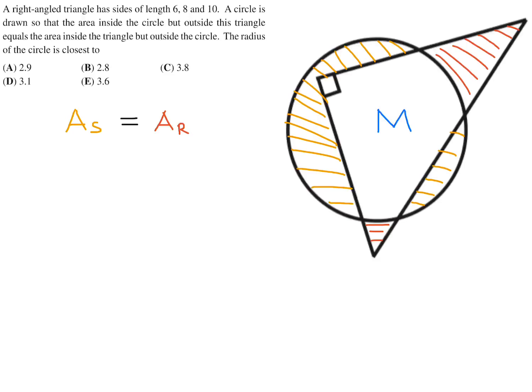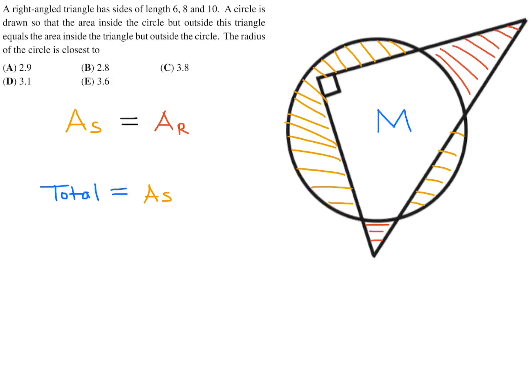All right? And let's work with this now. So first and foremost, what is the total area of everything? If I said, what is the total area of this weird looking shape here? Well, it would be the area of the orange, which is AS, area of shaded.